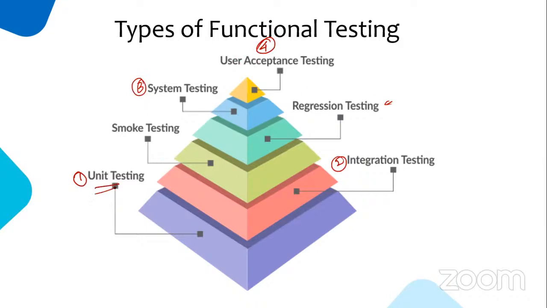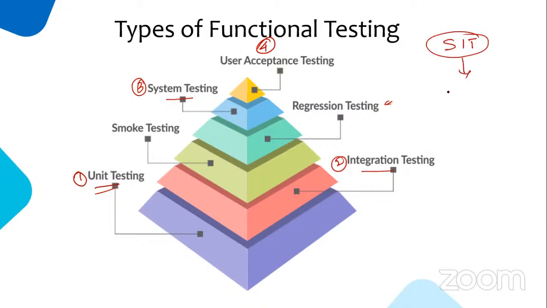Unit testing is done by the development team. Integration testing, which we have seen, in big companies is called SIT, system and integration testing. This is how they do it.